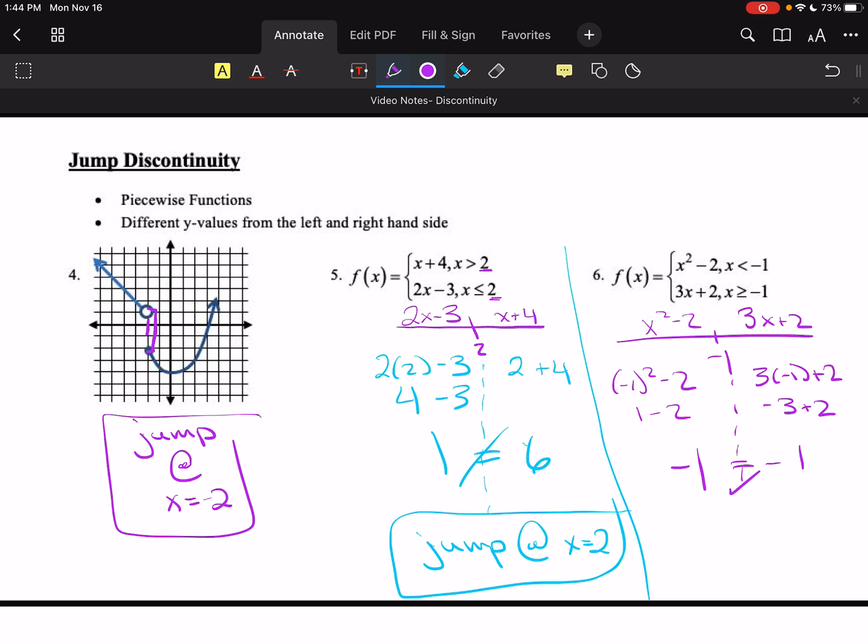So since the two sides are the same, this would be continuous. And what's happening here is, on the left side, I have a quadratic with an open dot, right? On the right side, I have a line with a closed dot inside of my open dot. So there's no jump. The two functions start at the same place, right?